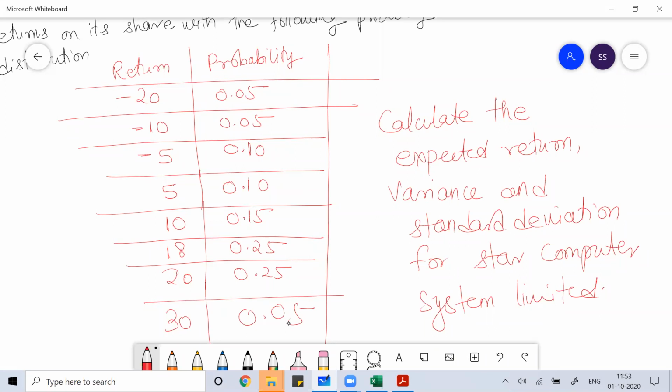Anyone have any doubt? Any question you want to ask? Tell me the expected return, everyone. How much do you get for the expected return? Do it fast.